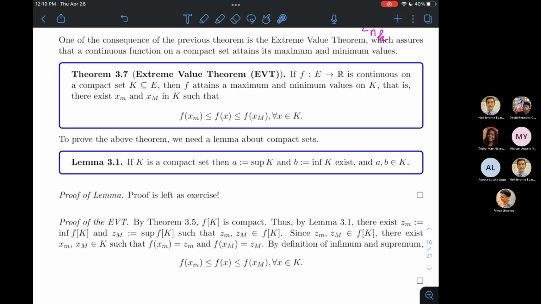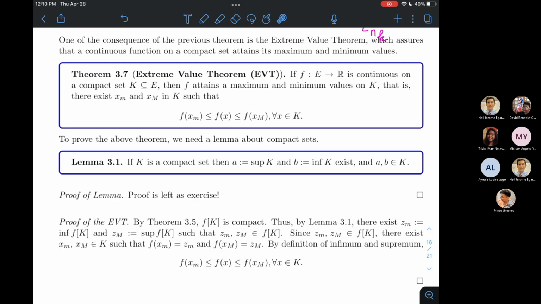We consider a function f whose domain is the set E, and that f is continuous on a compact subset K of E. Then it says that f attains a maximum and minimum value on K. That is, merong x sub little m at saka x sub big M in capital K such that f of x sub m is smaller than all function values of elements of K, and f of x sub capital M is larger than any function value of any member of capital K. All right? So basically, pinalitan lang natin yung closed interval sa math 36 by pagiging compact.